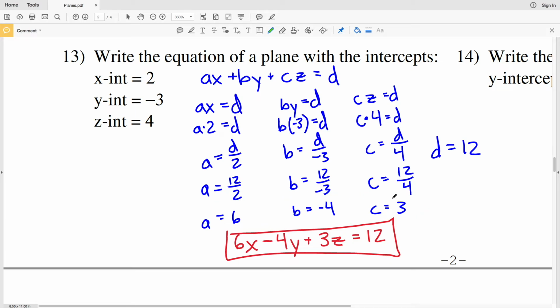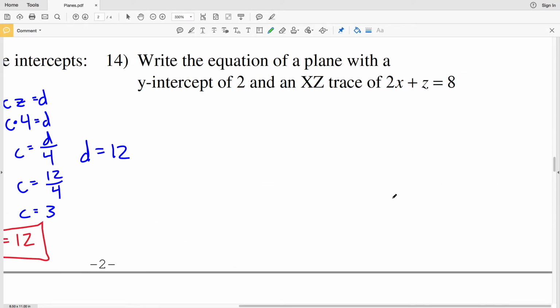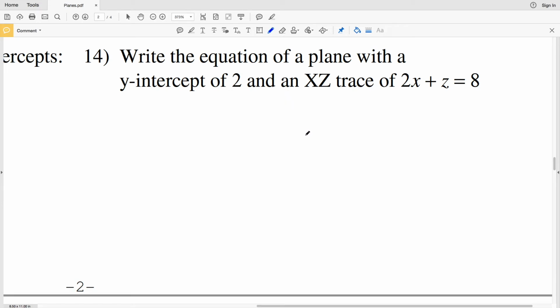Now let's continue on to the last problem of this worksheet, number 14. Number 14 says to write the equation of a plane with a y-intercept of 2 and an xz trace of 2x plus z equals 8. So if 2x plus z equals 8 is our trace, that trace is for when y is set equal to 0.